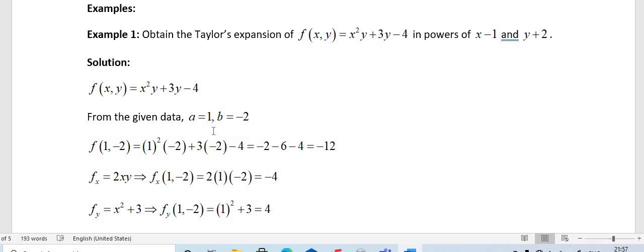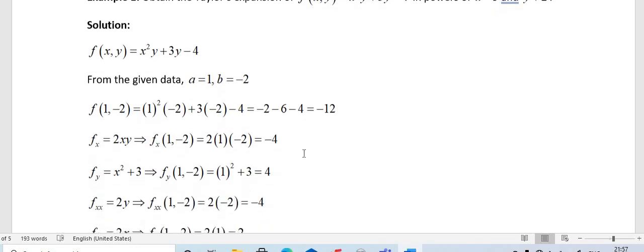So after knowing a and b values, we are finding f of a comma b, that is f of 1 comma minus 2. Substitute x equal to 1, y equal to minus 2 in the given function. Then we are getting f of 1 comma minus 2 as minus 12.